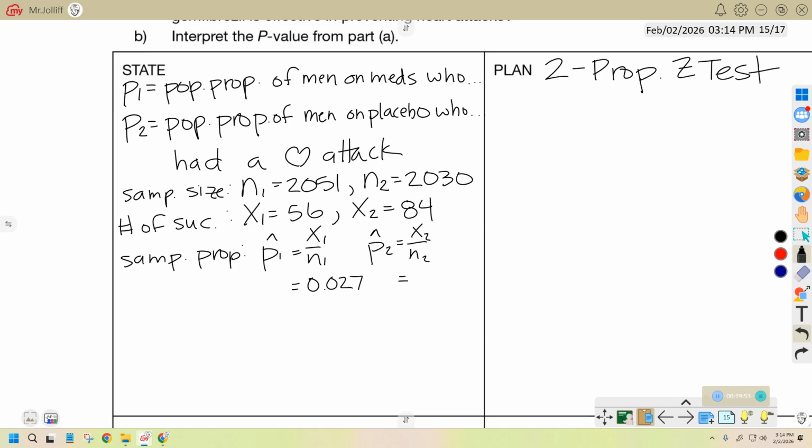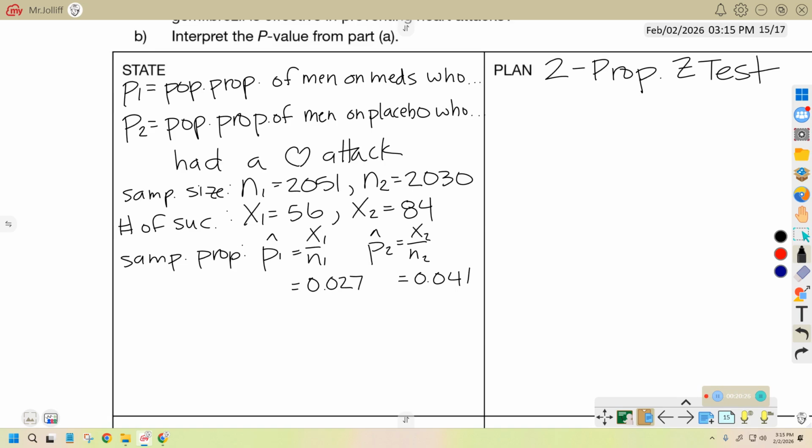Yes. Look at me remembering stuff. And then the next one is 0.0414. Everyone should have their calculator out because this is stats class. 0.04 what? 4.1. Okay, good. Perfect. I need one more proportion.